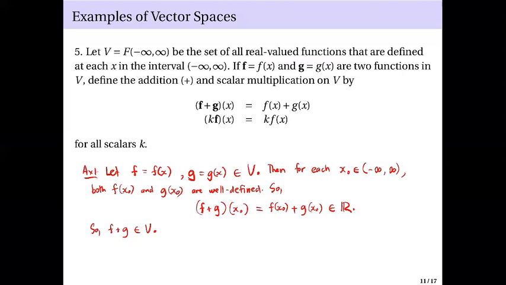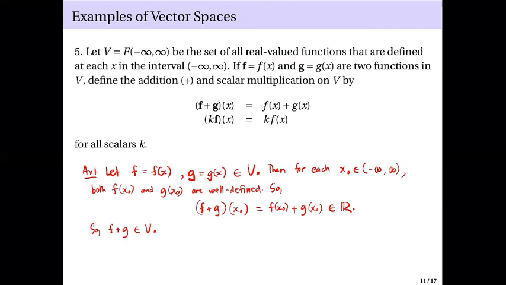You also do closure of multiplication, and the line of reasoning will be similar. You get a scalar k, it's just a real number, and you get an object f, that will be a function f of x. Then for each x sub 0 in the interval negative infinity to plus infinity, f of x sub 0 will just be another real number.